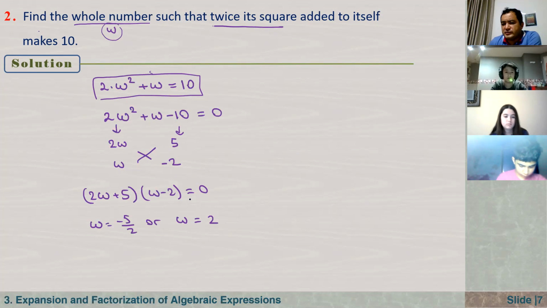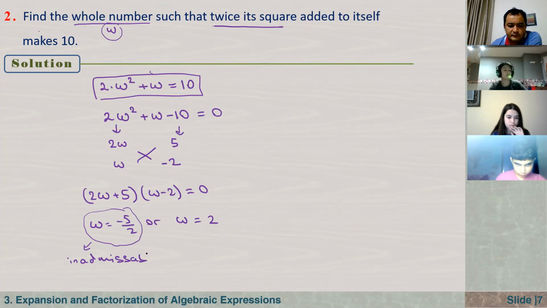Now we have two solutions, right? Which one should we pick as the answer? In the question, it says that our number is a whole number, and negative 5 over 2 is not a whole number, right? So this answer is inadmissible, or we just say that it is rejected. We don't take this as an answer.